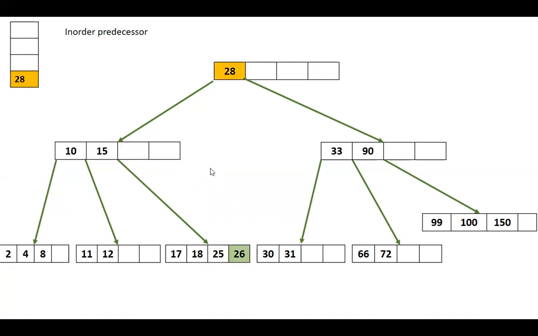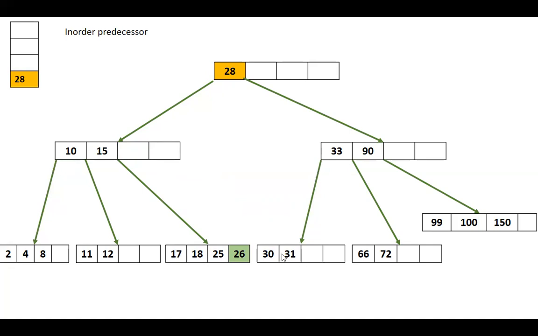Next, what to delete is the key 28. Now 28 is the root node. In the case of a binary search tree also, whenever you delete a root, it is replaced by the in-order successor or the in-order predecessor. So let us look at it. 28's in-order predecessor is the highest key in this node, that is 26. And it has an extra key, more than the minimum required keys. Its in-order successor is always the minimum, that is 30.